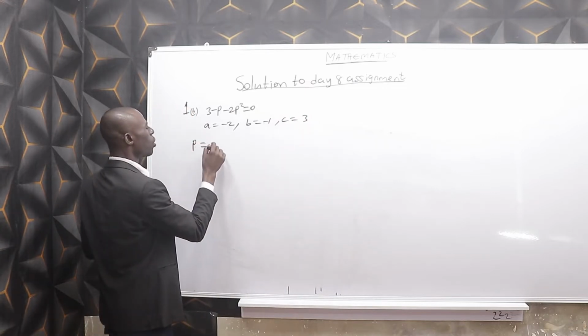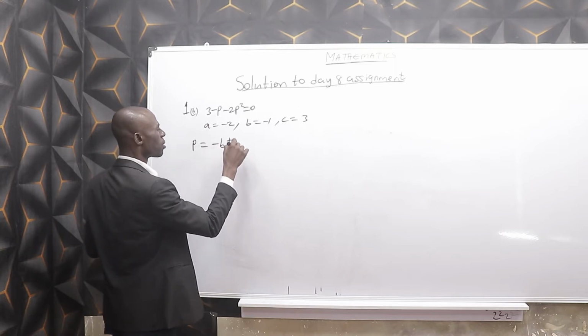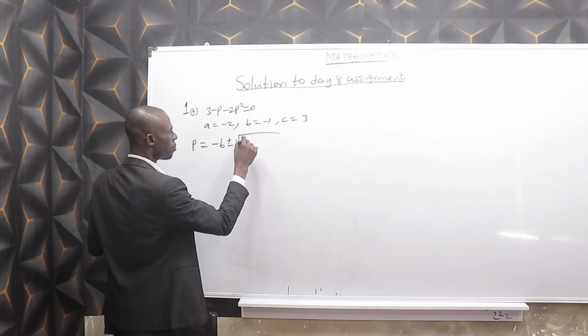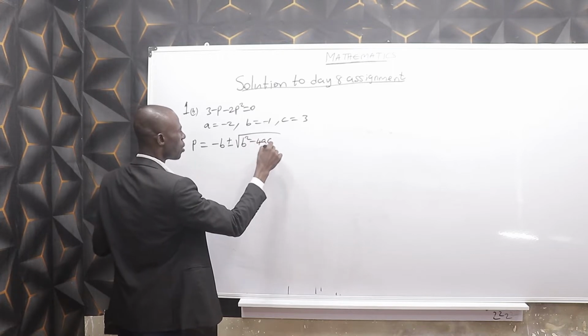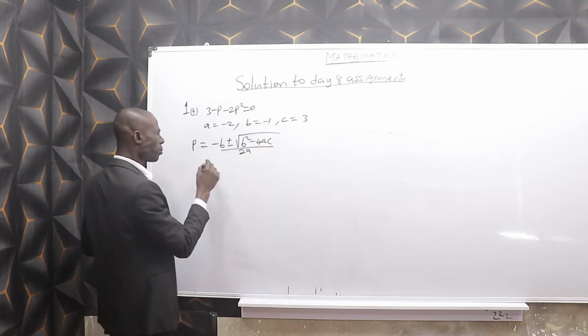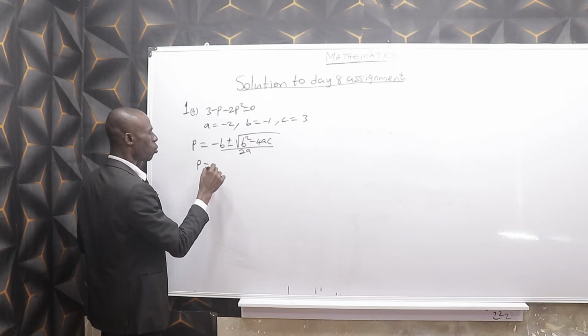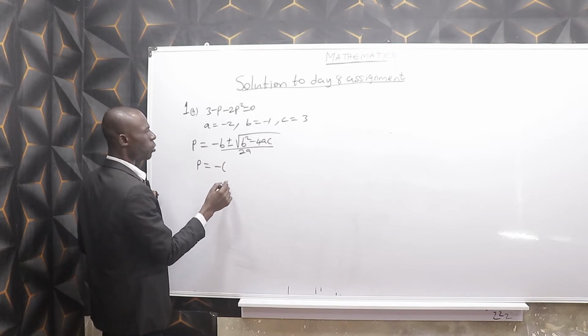p then will be equal to minus b plus or minus square root of b squared minus 4ac over 2a. So we have p being equal to minus, what is your b?